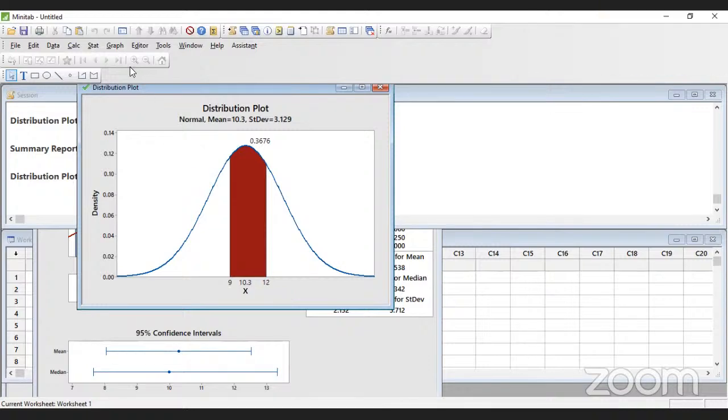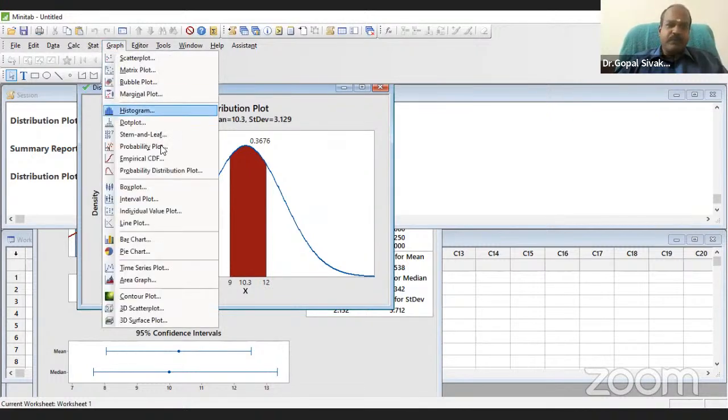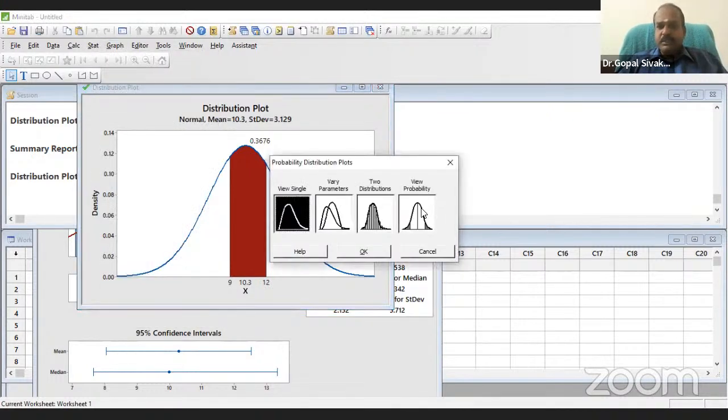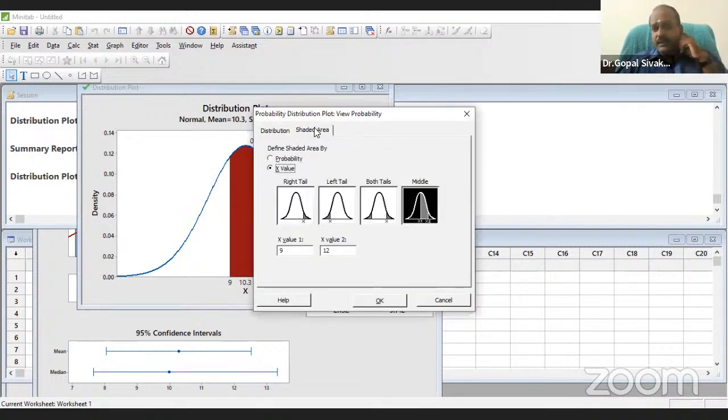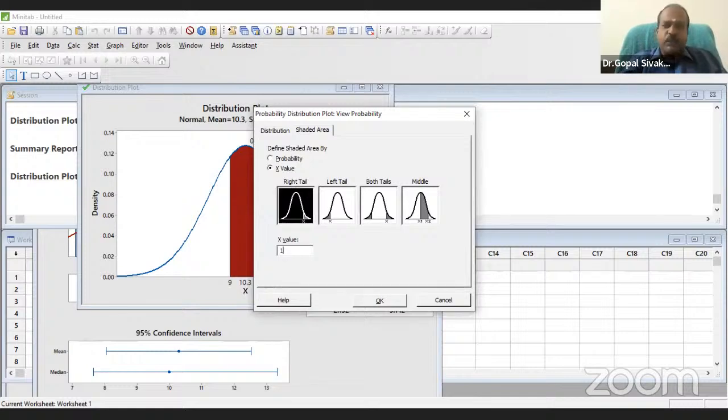Now I want to know what is the chance for my child to score above 12. Graph, probability distribution, view probability. Mean and standard deviation already declared, shaded area. Above 12 means, which graph should I choose? First one. Very good. Here I will say 12.